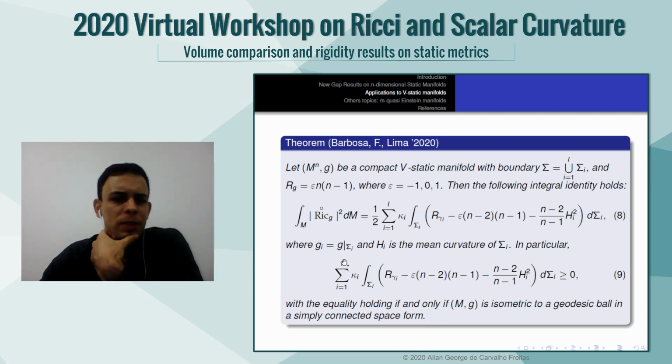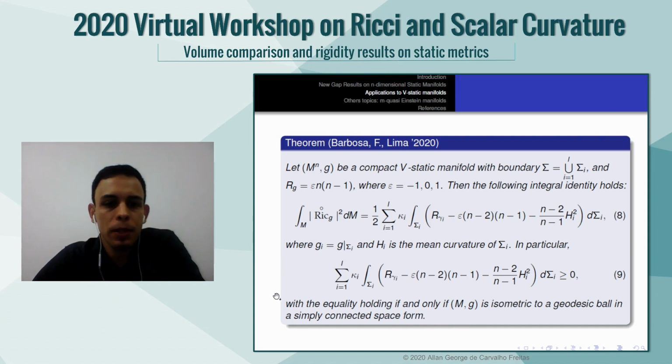And we can observe that this is very similar to the Cruz inequality, just observing that we have this term here, where h_i are the mean curvatures of the connected components of the boundary. Observing that in the case of a static manifold, these do not appear here, okay?